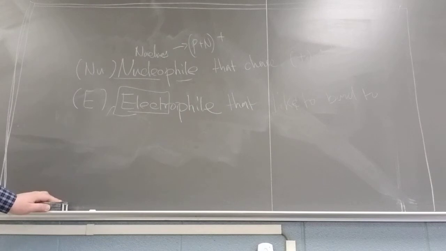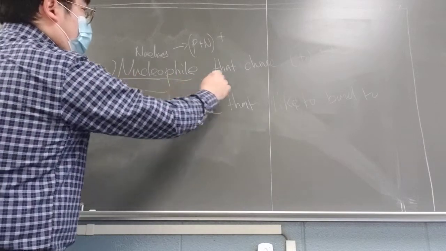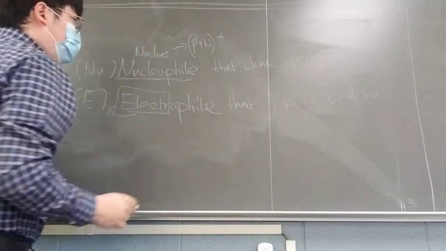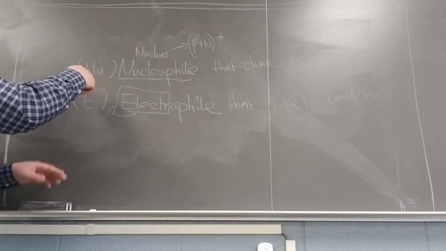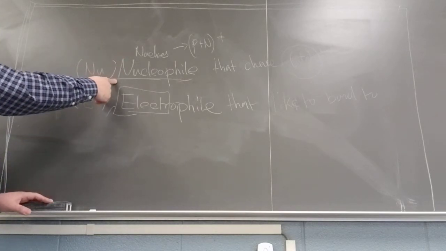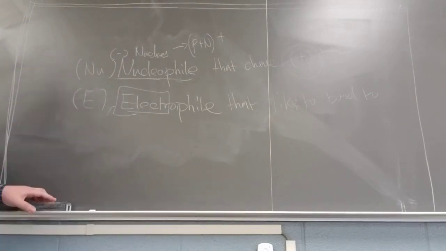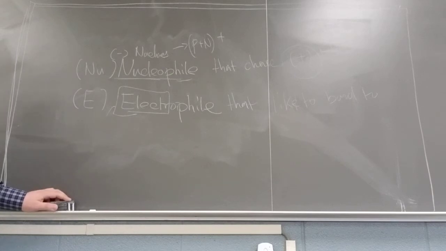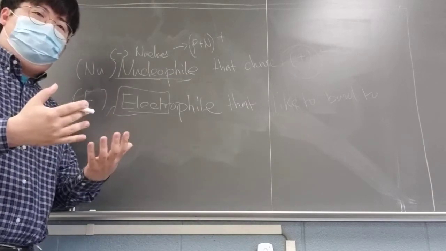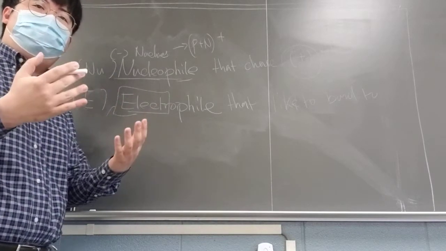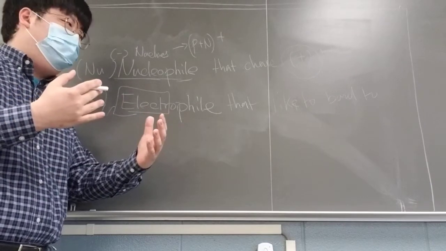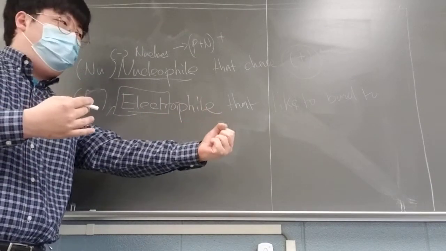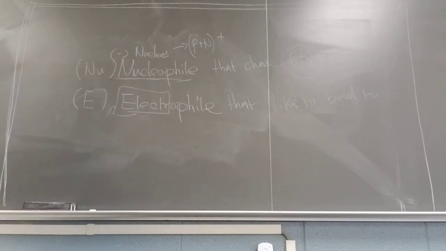One more thing I want you to remember from the Monday lecture before we move on: if something is chasing something positive, most likely, not 100%, it is going to be negatively charged. If an element has very high electron density, there will be something that is very electron-poor. That's a natural phenomenon we can see by following Coulomb's law.